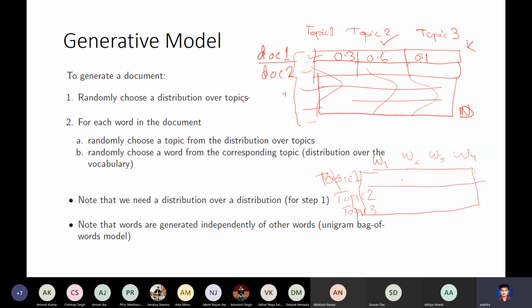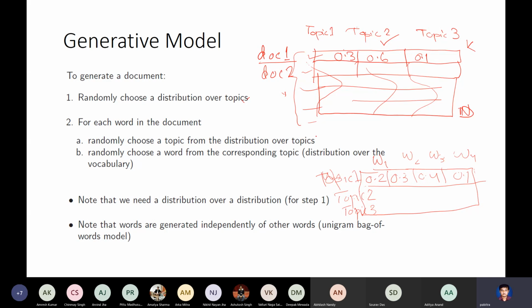And again, I have a vector which says what is the probability of word 1 belonging to topic 2, what is the probability of word 2 belonging to topic 1, and so on. So we have again a vector like this.